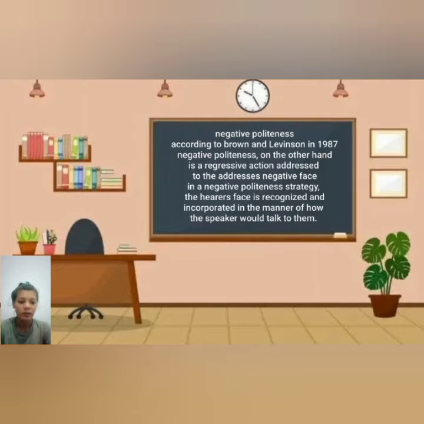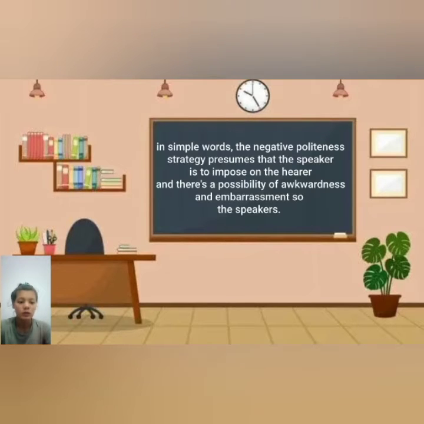In a negative politeness strategy, the hearers are faced, recognized, and encouraged in the manner of how the speaker will talk to them. In simple words, the negative politeness strategy presumes that the speaker is going to impose on the hearer, and there is a possibility of awkwardness and embarrassment for the speaker.